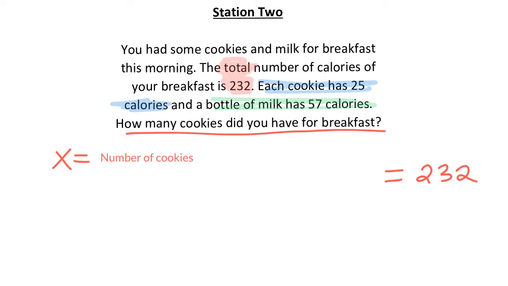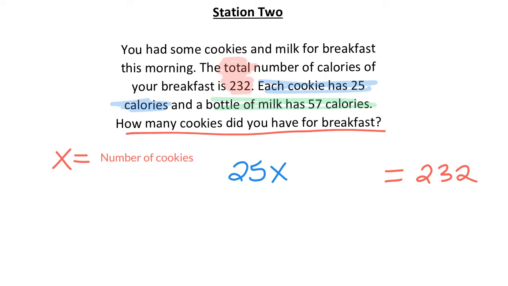So that's where I'm going to keep reading, and I come across this, each cookie has 25 calories. So 25, but I don't know how many cookies I ate. I could have had 2 or 3 or 4. So that's where that X, that multiplier, comes in handy. So 25 calories times however many cookies I consumed. So 25x is a good representation for that first part.